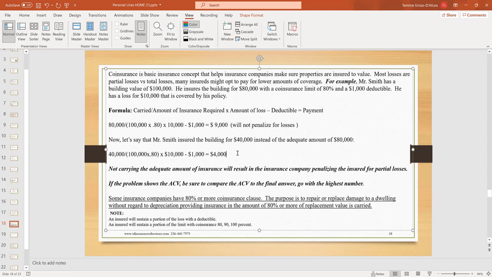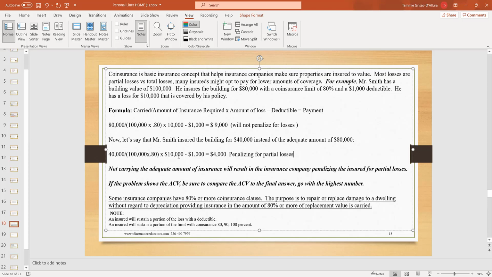So what are they doing here? They are penalizing him for partial losses. Because don't forget the concept, even though he has a $40,000 limit, it is more than enough to pay the $10,000 loss. But he didn't carry what he should have carried, so they are penalizing him for partial losses. So that co-insurance is very important because they will penalize you for partial losses.